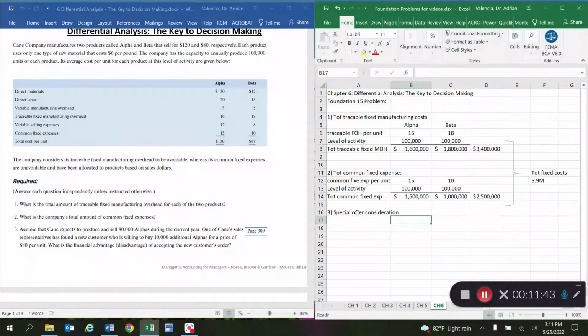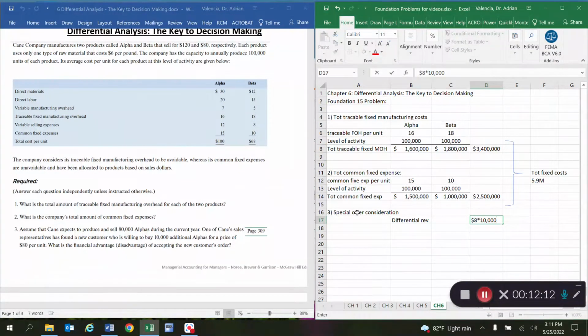If we accept this special order, the differential, let's call it incremental, it really doesn't matter, I'm going to use differential. The differential revenue that arises from this is $80 per unit, right? They're offering $80 per unit times 10,000 units.